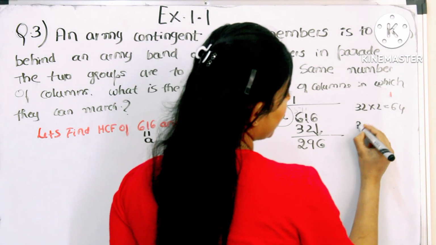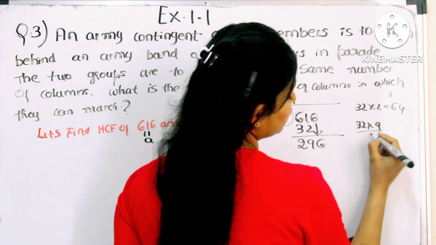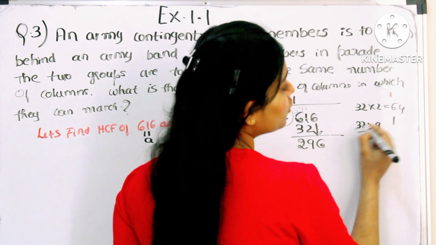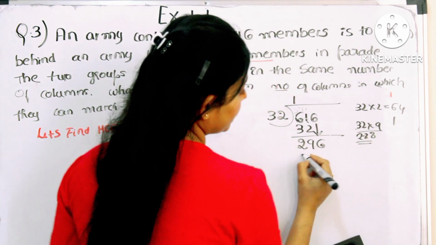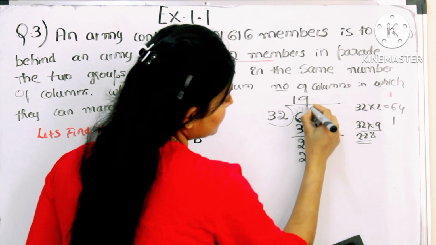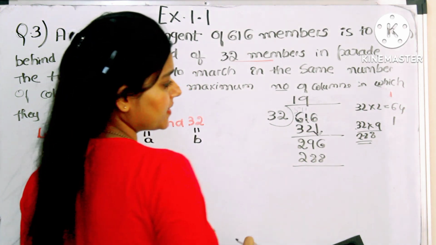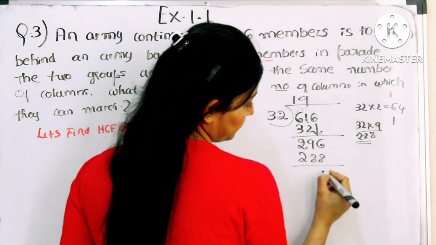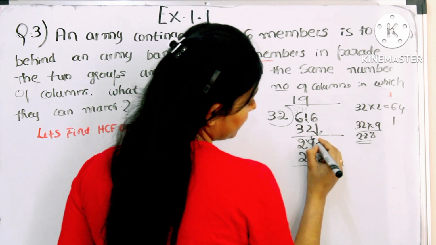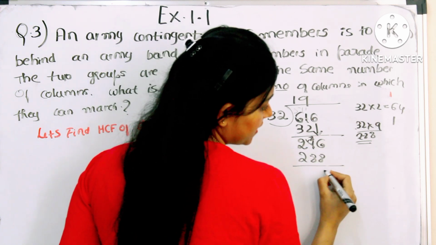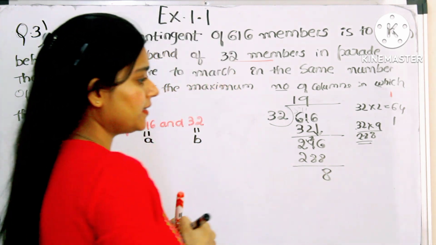So 32 nines are how much? Let's check: 9 twos are 18, 9 threes are 27, plus 1 is 28. So you get 288, that is 9 times. What is the remainder now? The remainder is 8.